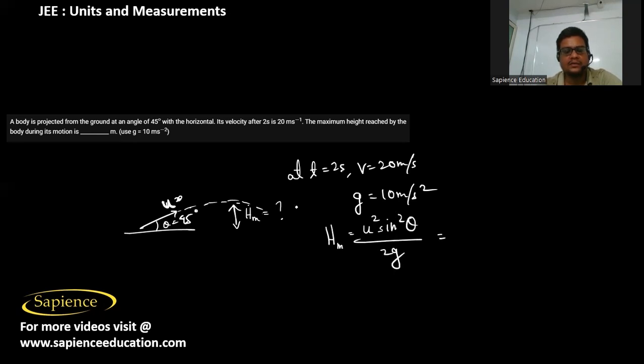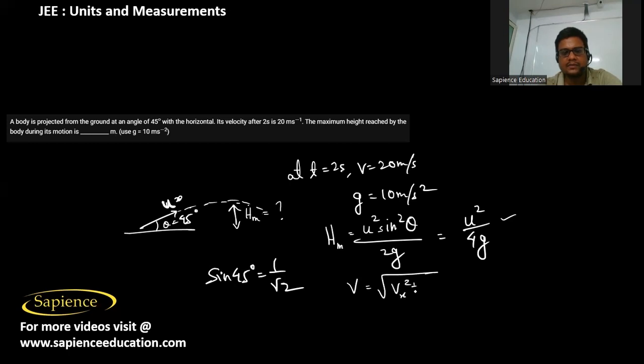Here theta is 45 degrees. Sine 45 degrees is equal to 1 by root 2, so sine square 45 will be 1 by 2, so it will be u square by 4g. Now v is given as root of vx square plus vy square.